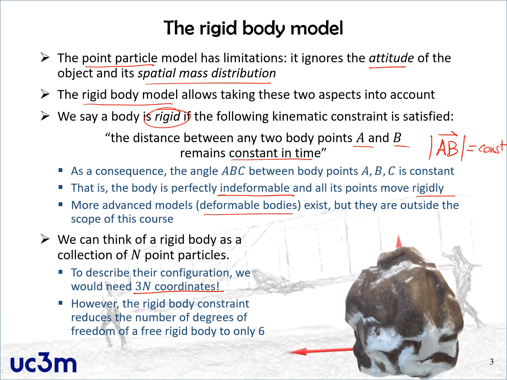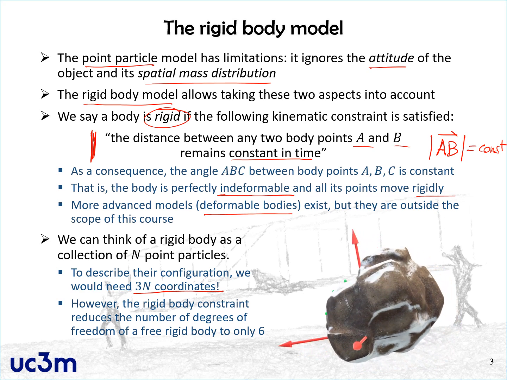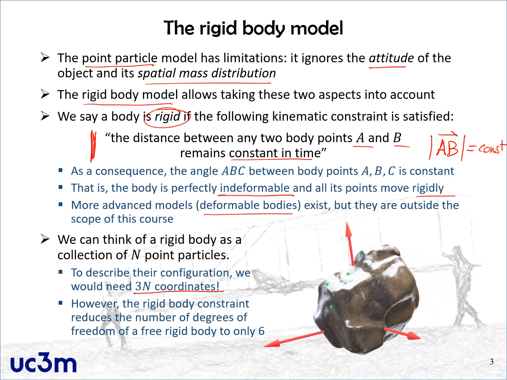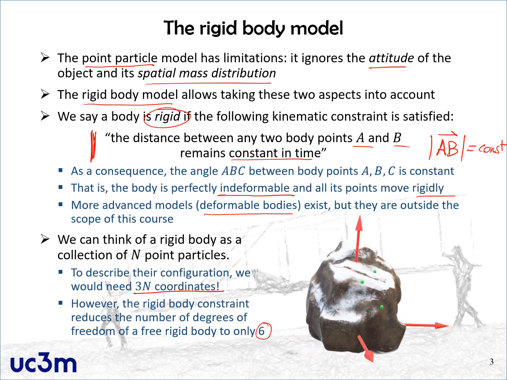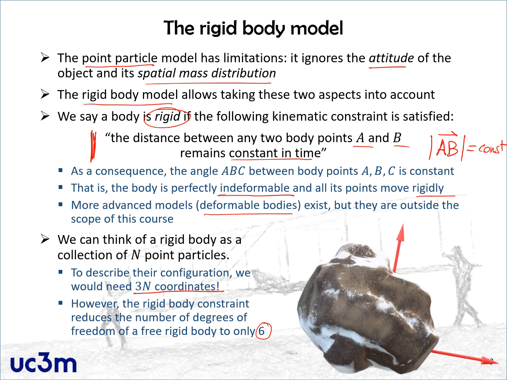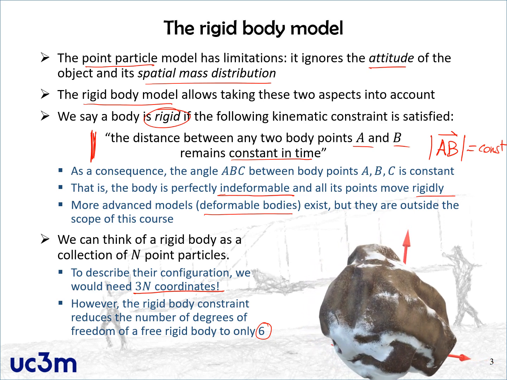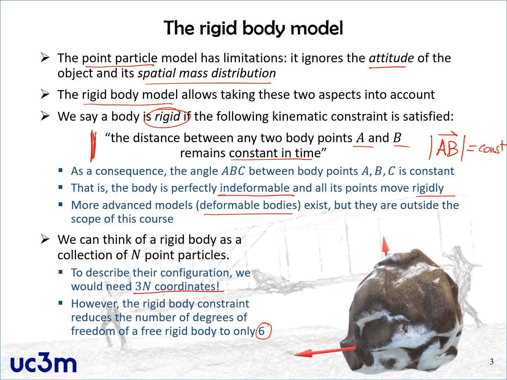However, the fact that we have this constraint, the rigid body constraint, which is a very strong constraint, means that in practice we only need 6 coordinates to fully determine the configuration of the system. And by configuration, when we talk about a rigid body, what we mean is the position of the rigid body and its orientation or attitude in space.